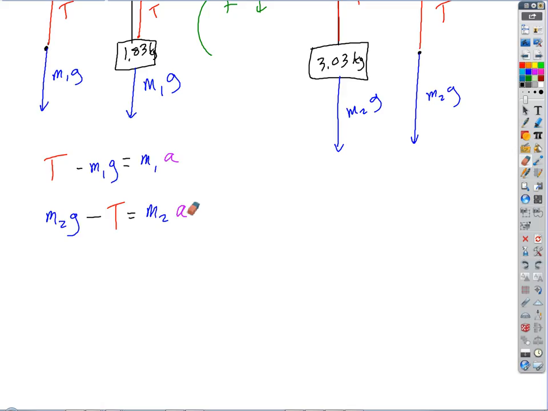Does everybody see that? So if I were to solve for T in the top equation, where it's a little easier to do, T would just equal M1A plus M1G. I could take that expression and plug it in there, and the T's would be gone. I'd have another A in there, but that's all right. If there's a single variable, I can add up like terms and solve.